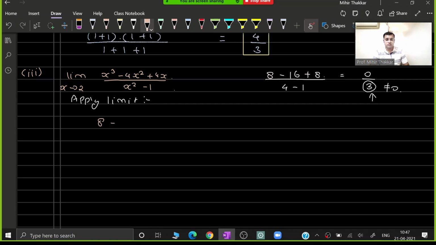So just as I wrote in the above case, this is equal to 0, because division by 0 is not defined, but 0 upon any number is always 0. We know that already. Therefore, the final answer for this function comes out to be equal to 0.